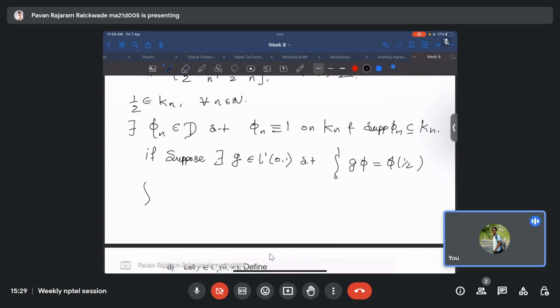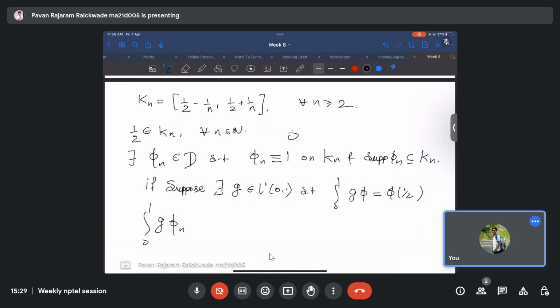Then calculate the integral from 0 to 1 of G phi n, because phi n of half is always 1, since half always belongs to this set. This is the integral on Kn of G, because phi n is 1 there.